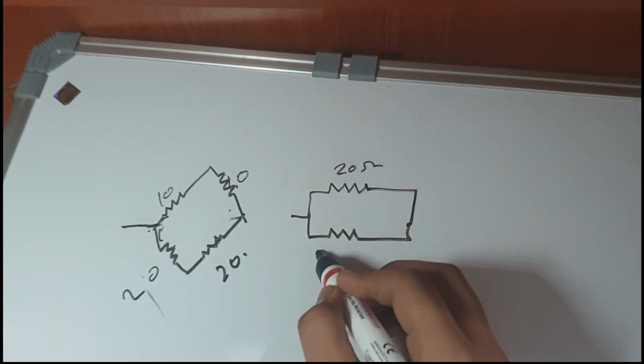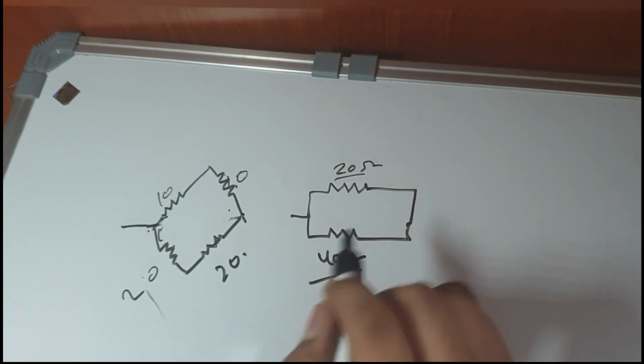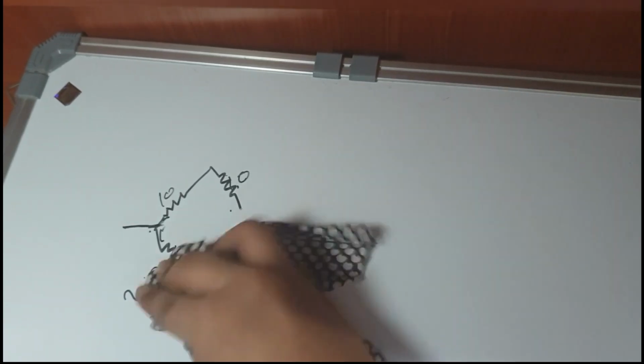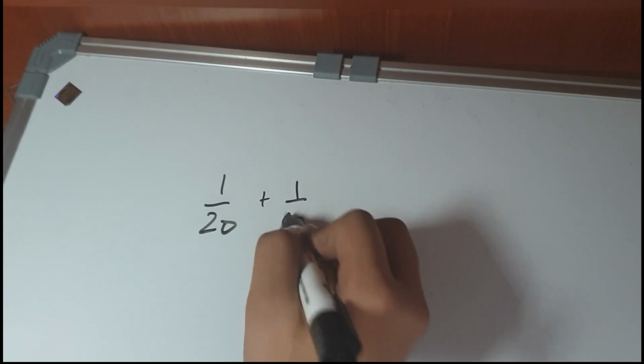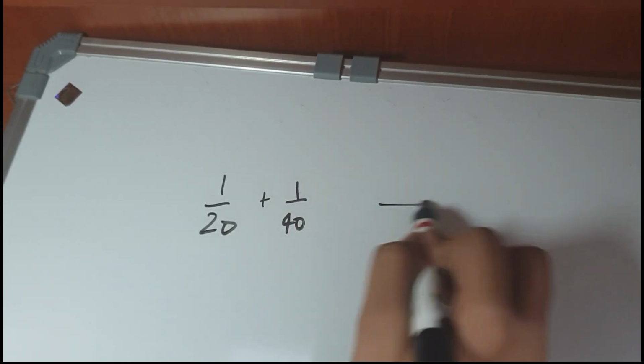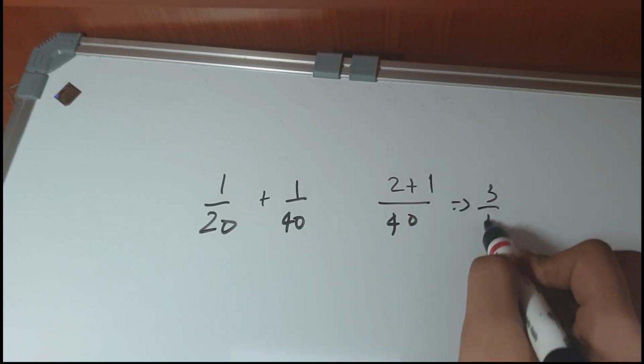Then we will add these in parallel: 1 by 20 plus 1 by 40. Just take the LCM: 2 plus 1, so it will be 3 by 40.